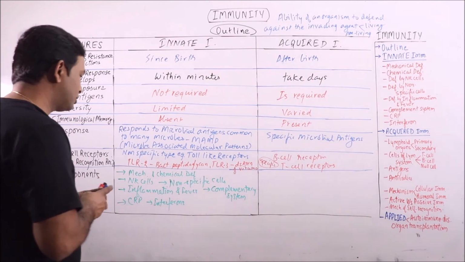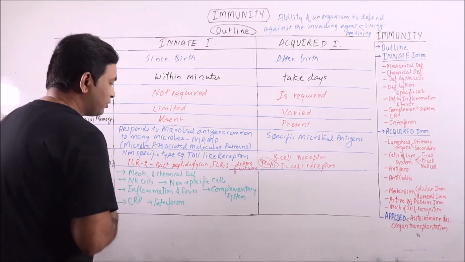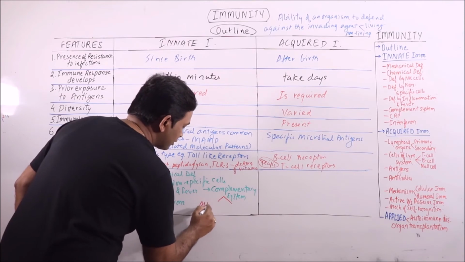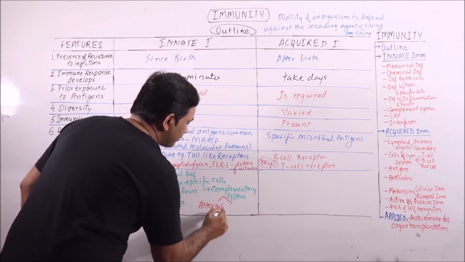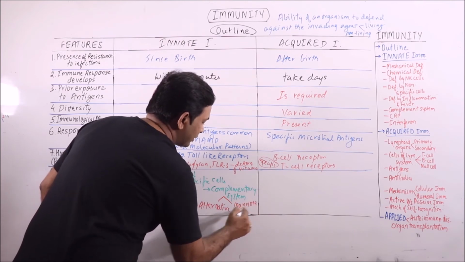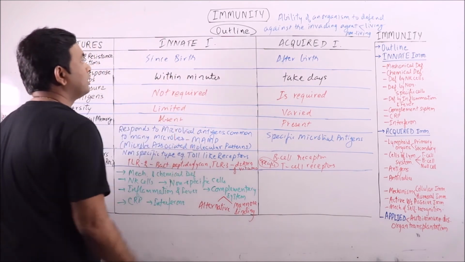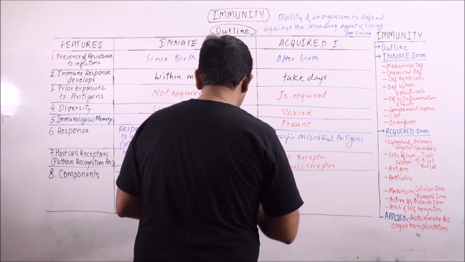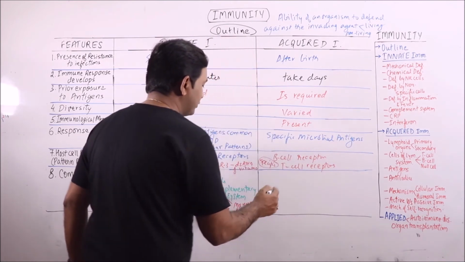It's important to note that the complement system works via 3 pathways, out of which alternative pathway and mannose binding pathway are components of innate immunity, while the classical pathway comes in acquired immunity.